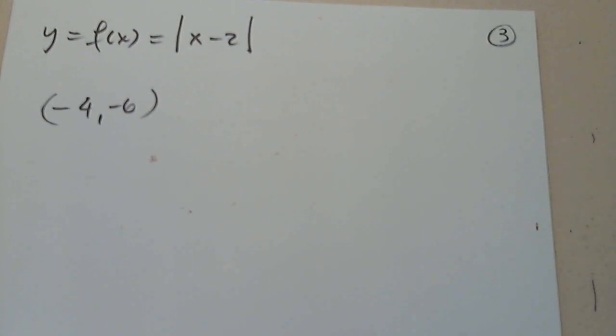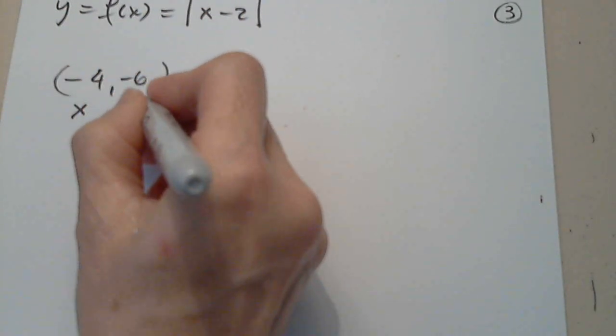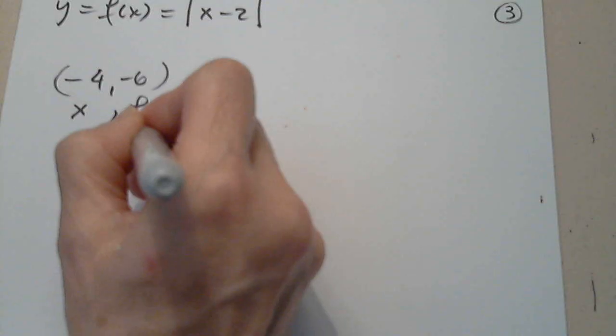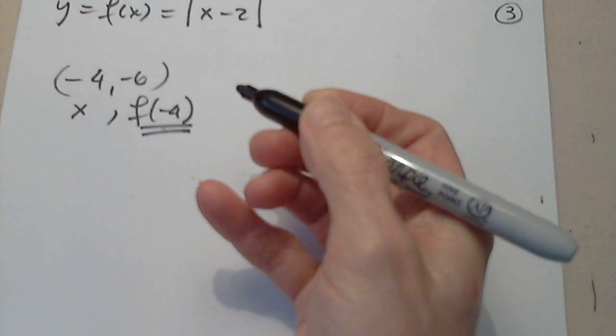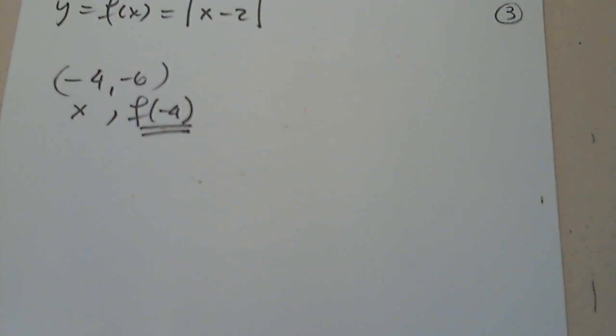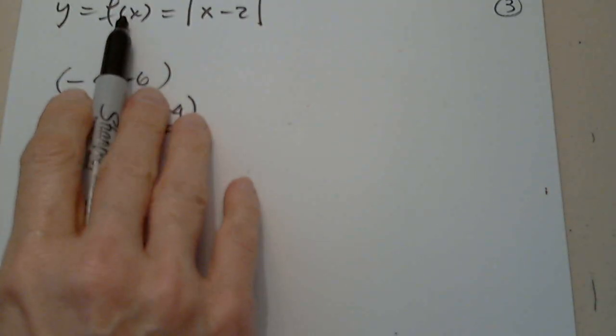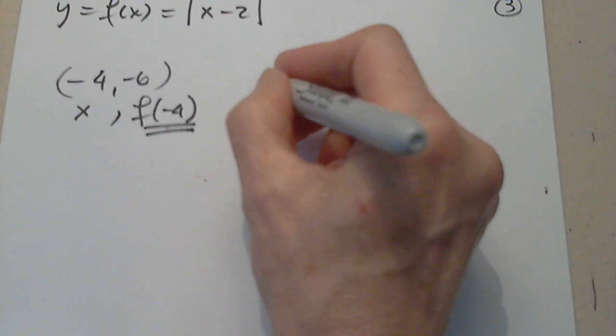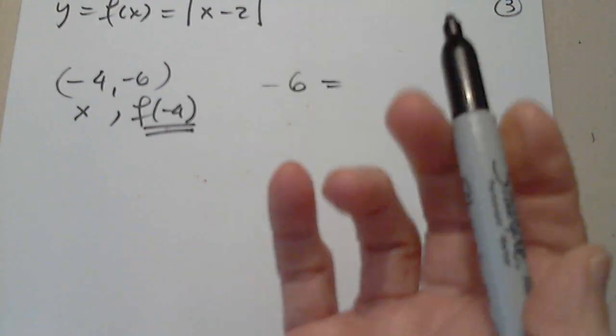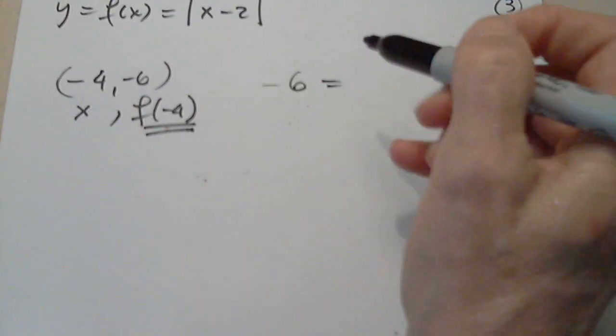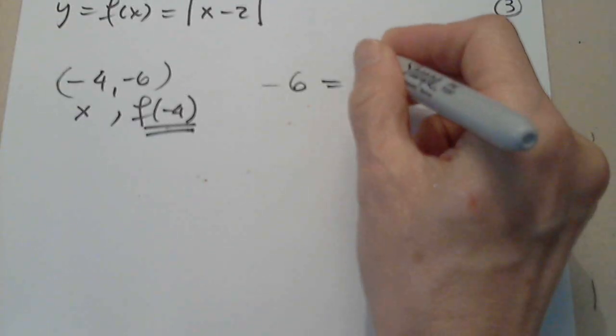I don't know. So this is the x value, and this is f of -4. If that's the case, then yes. If that's not the case, then it's not a point on the graph. So I will replace f of x or y by -6. And the right-hand side is -4 minus 2, in absolute value.